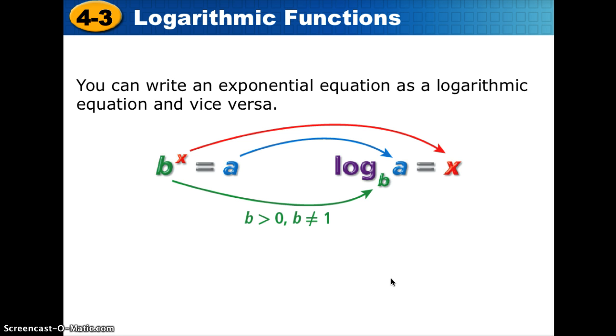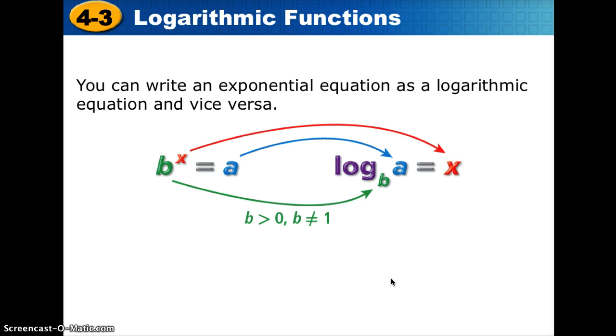So again, easy to remember, log base b, so b was the base in exponential, and it's the base in logarithmic form. And notice where the base ends up. It ends up in the subscript position to the right of the log. a is the argument, so that's the number that we're taking the log of. And the answer that we get from this logarithmic equation is x, or the exponent.